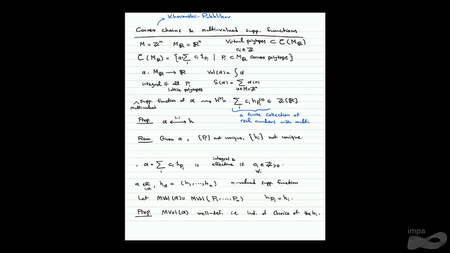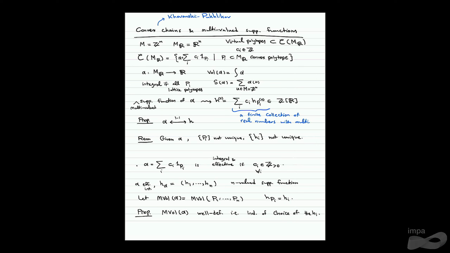And it turns out that these convex chains, finite linear combinations of characteristic functions of polytopes, also have a notion of support function, but instead of a single-valued support function, you have a multi-valued support function.